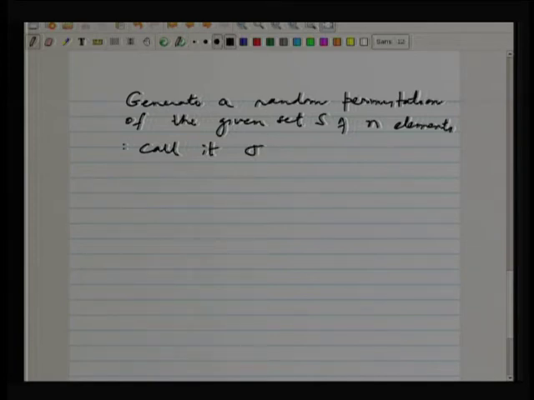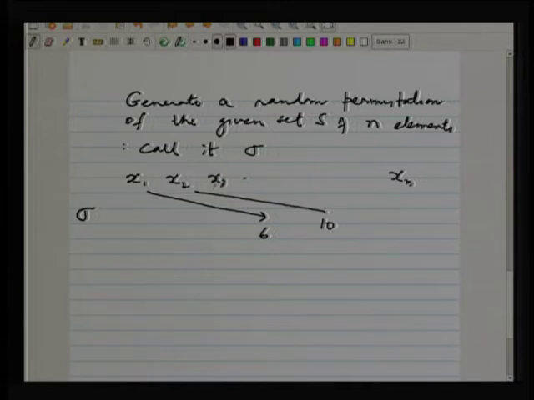So, initially my objects are given as, let us say, x 1, x 2, x n, an arbitrary ordering, and once you apply sigma to that, x 1 is mapped to something, maybe it is mapped to the 6th position, x 2 is mapped to maybe the 10th position, and maybe x 3 is mapped to the 1st position, and so on and so forth. Okay. So, this is my random permutation.